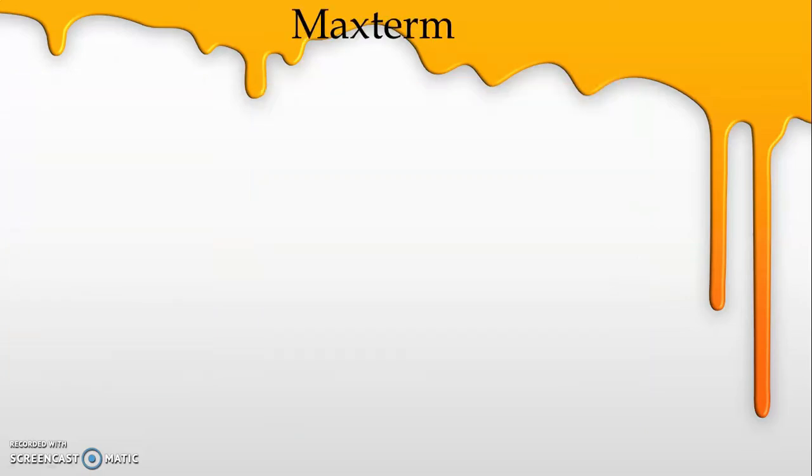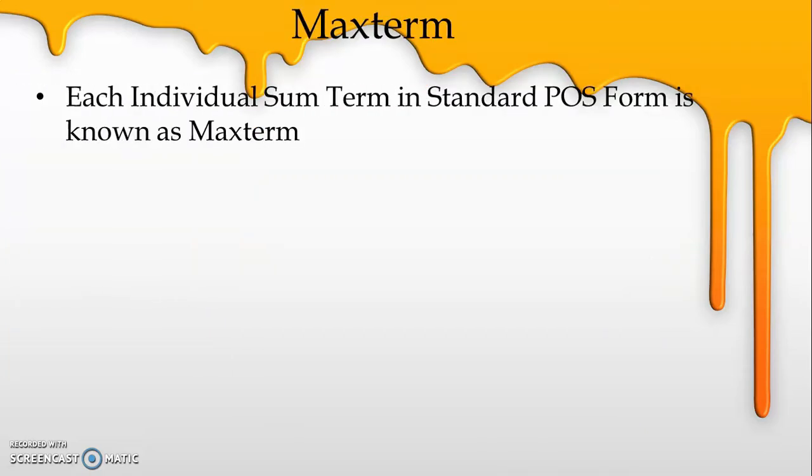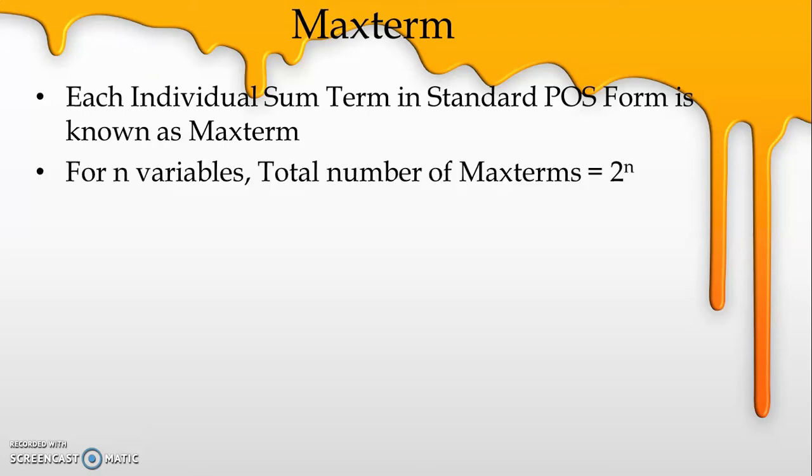So now let us study the maxterm. Each individual sum term in standard POS form is known as a maxterm. Here we have canonical or standard POS, that is, product of sums form of a Boolean function, and each individual sum term is known as a maxterm. For N variables, the total number of possible maxterms is 2 raised to power n.